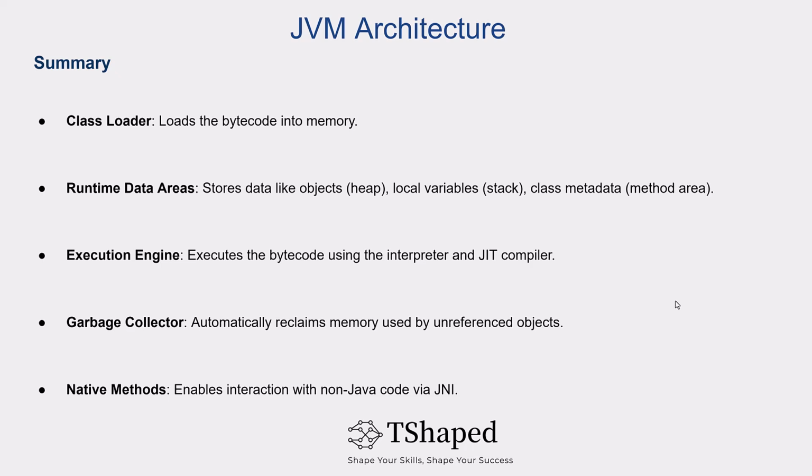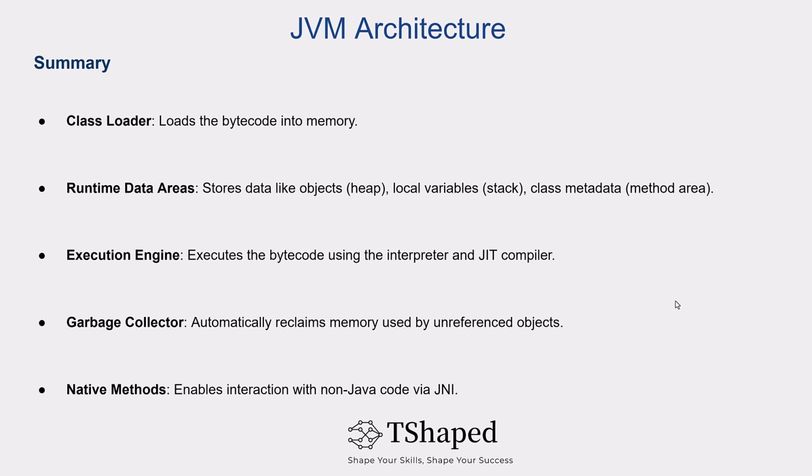Whenever you invoke a method, that method's stack frame gets created on the stack area, and any local variables get memory on that stack frame itself. The entire code is kept within the method area. These three areas are very important in the JVM runtime data areas.